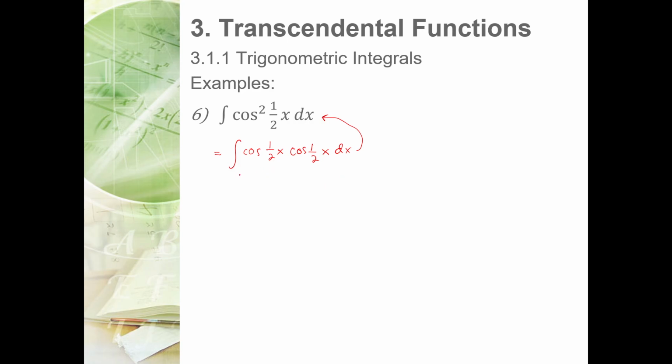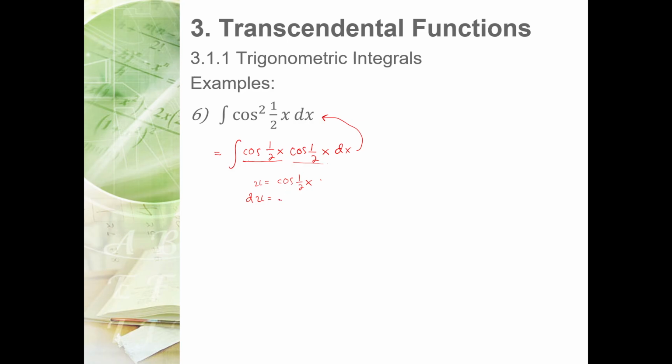Now if we try to use the u-sub technique, since both are cosine, if you pick either one, it will result in the same derivative. Let's say we try to obtain the derivative of cosine 1/2 of x. Again, this is using the u-sub technique, and it's more of a trial and error method.